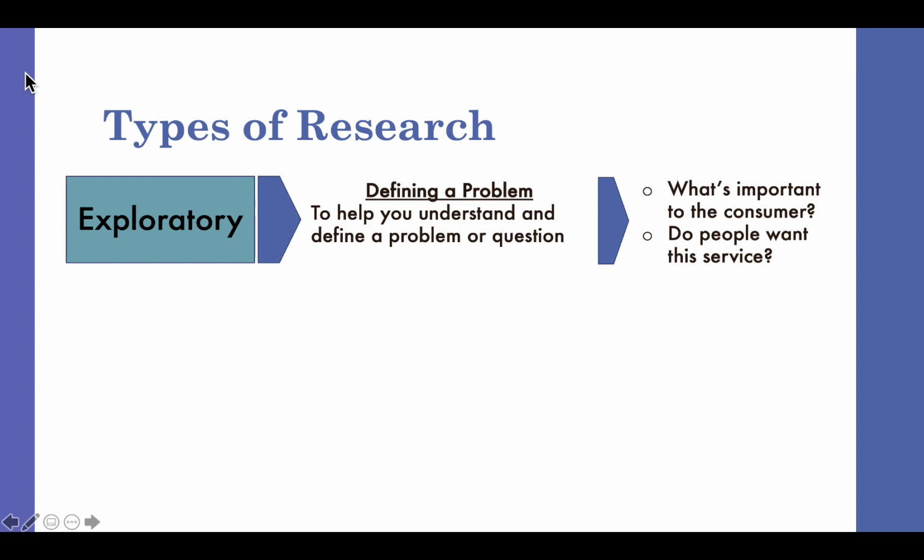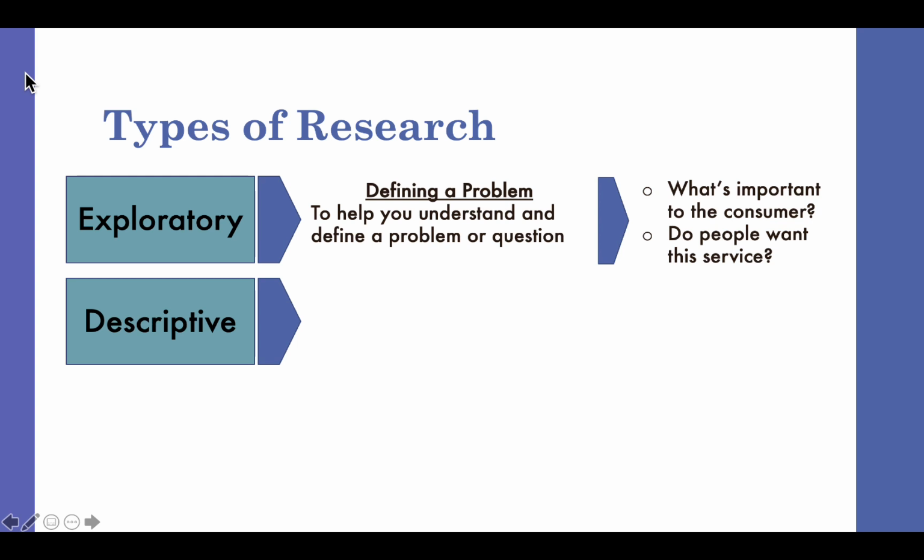When we're doing an exploratory study, it's often qualitative, meaning it's not statistically significant or quantitative, but it allows us to understand deeply what a subject is trying to tell us.